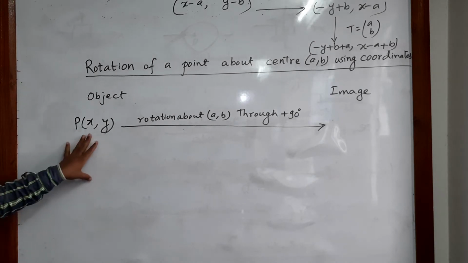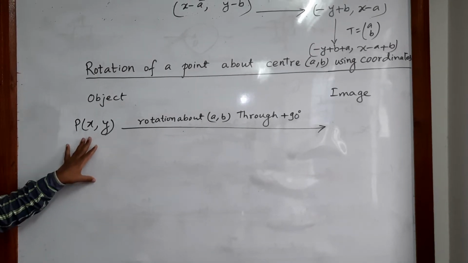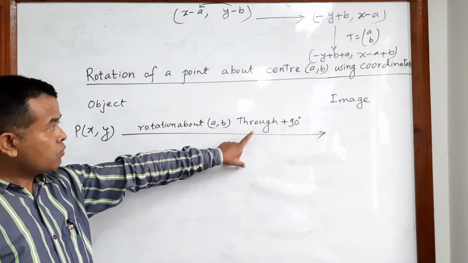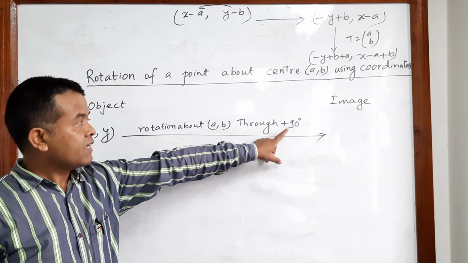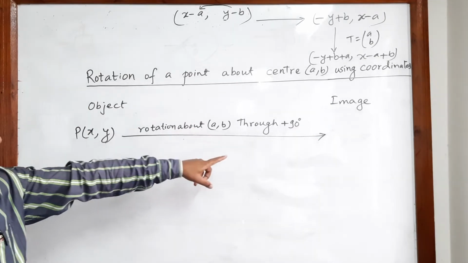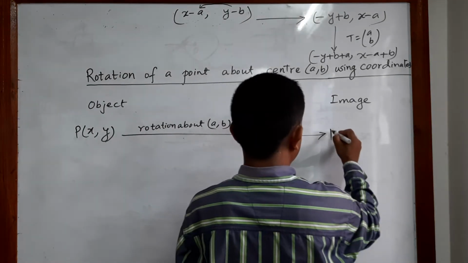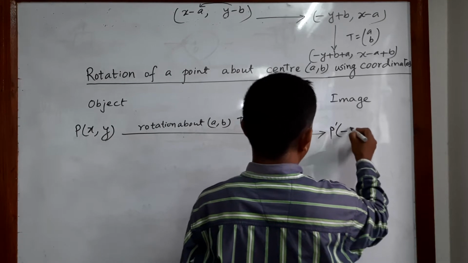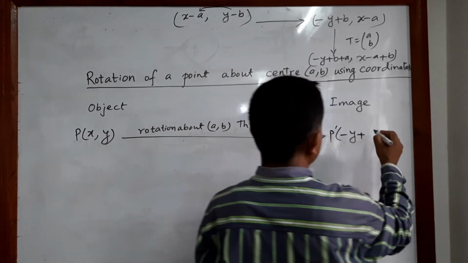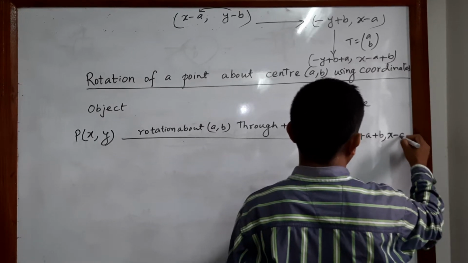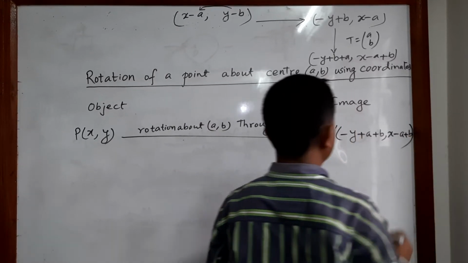So our formula for the rotation of the point P(x, y) about center AB through positive 90 degrees or positive quarter turn is P dash: minus y plus a plus b, comma, x minus a plus b.